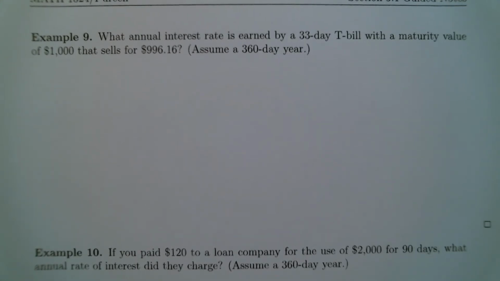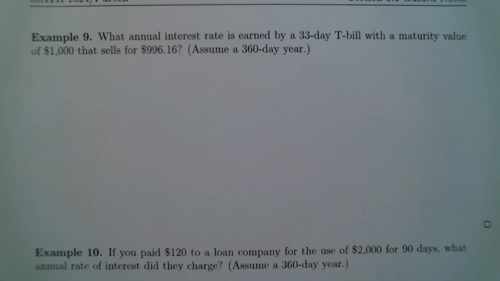And here you are going to assume a 360-day year. First of all, why is this a simple interest problem? Well, you do not see the phrase simple interest, but you also do not see the word compounded. So that makes it a simple interest problem.